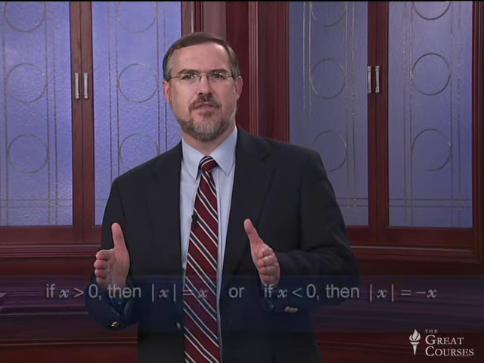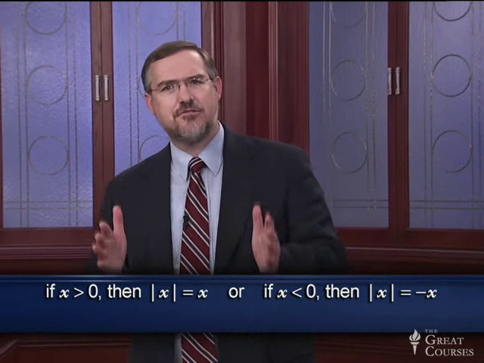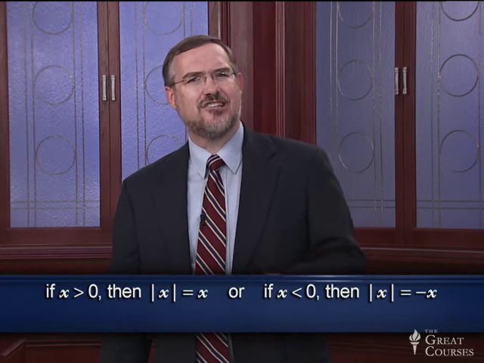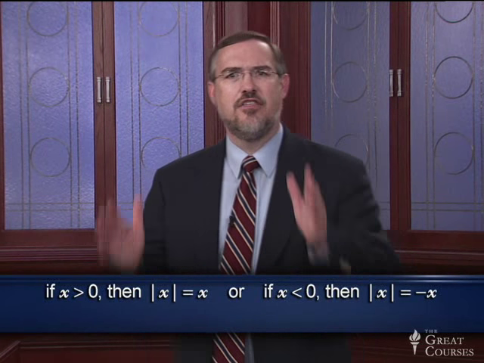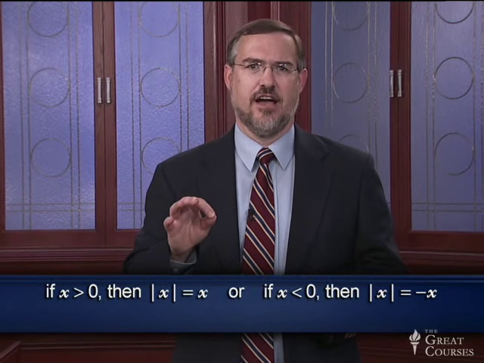And thirdly, there's a way to write the absolute value in a sort of algebraic way so that you really don't need the vertical lines. That is, if x is greater than 0, then absolute value of x is just equal to x. While if x is less than 0, then the absolute value of x is equal to the negative of x.